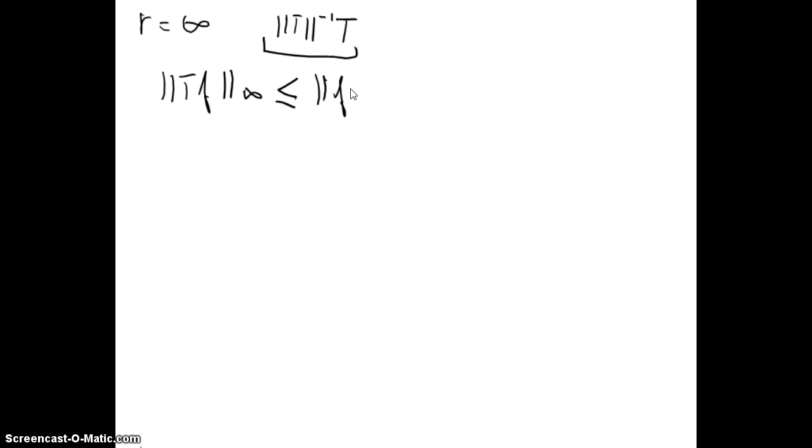So if we change the operator T by the operator T divided by the norm of T, then one can assume that the norm infinity of T f is less than or equal to the norm of f. Okay, so we just obtain a constant equal to 1 with this change.